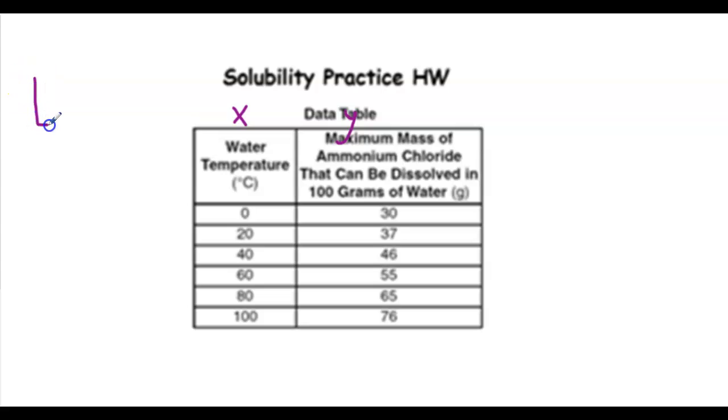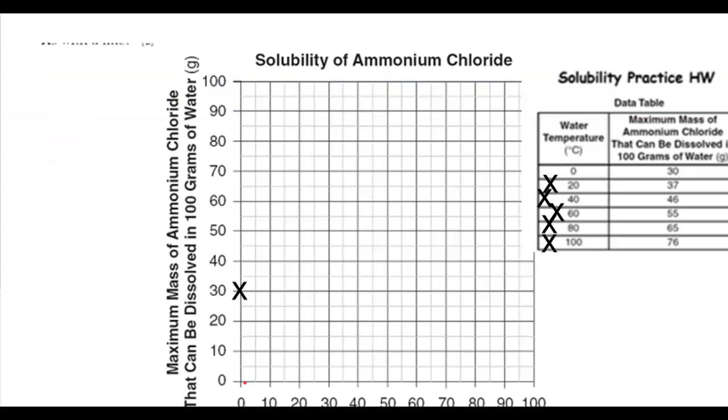So graphing, we put our x and our y. If I'm looking at temperature, temperature will be on the x, whereas grams that can dissolve will be on the y. So an increase in temperature could mean an increase or decrease of the amount of material that can dissolve, or solubility. Let's take a look at putting this into practice.